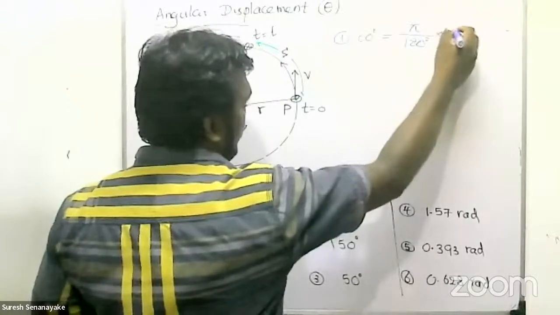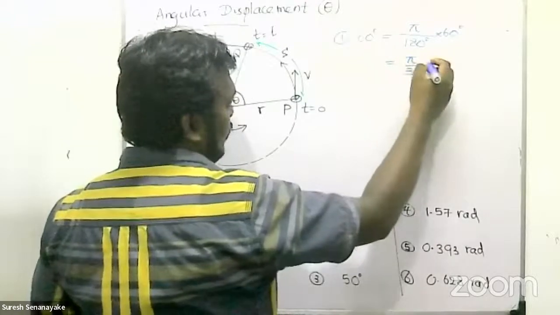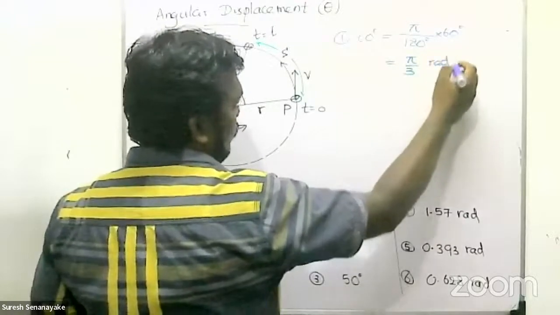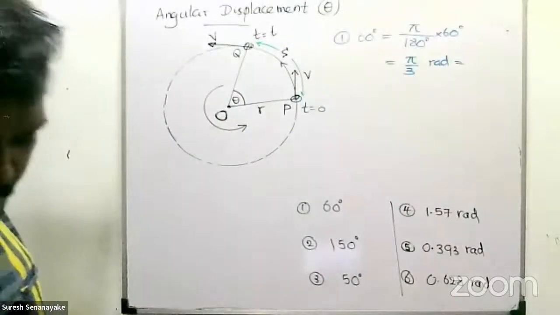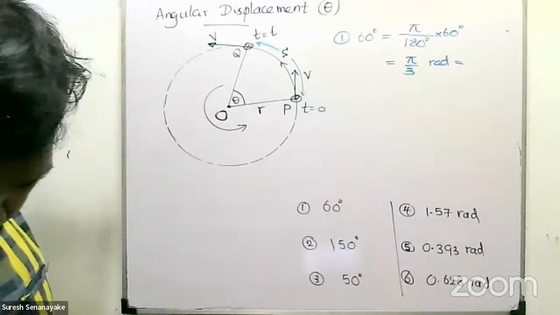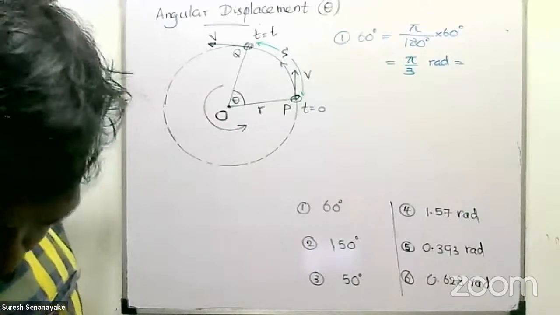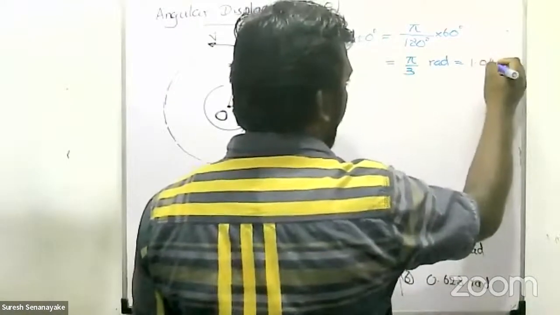How much in 60 degrees? You can write pi over 3 radians. Pi is 3.14, so consider 3.14 divided by 3. In decimals, you can write it as 1.047.